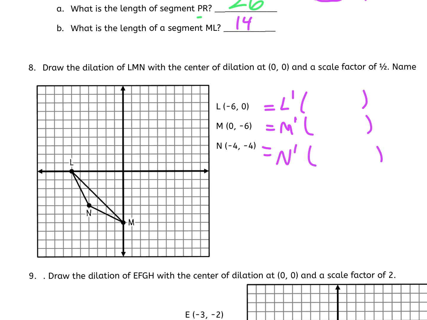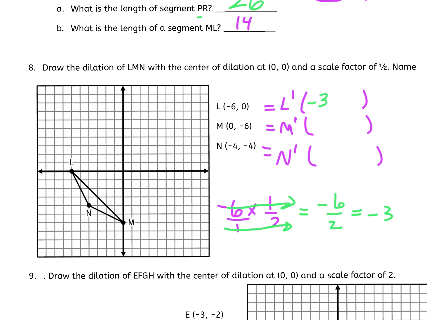Since the scale factor is a half, we're going to multiply by a half. So I can just set this up and go straight across. So negative 6 times a half, negative 6 divided by 2 is negative 3.